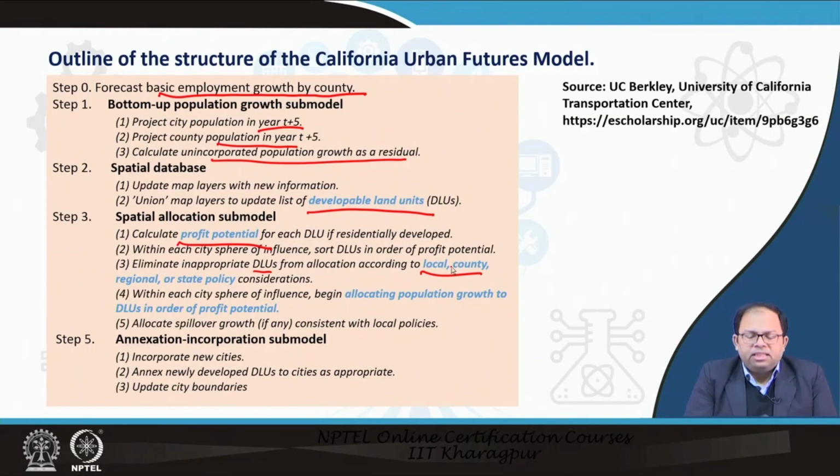And then we start allocating the population as per the profit potential of each of these developable land units, DLUs. This is basically the process where we follow different steps to allocate the population, and this can actually result in a new land use model, or you can predict the growth of that urban area in these new developable areas, and how the new excess population would be allocated in these particular areas.